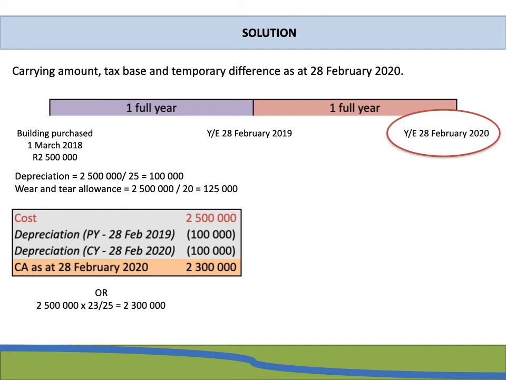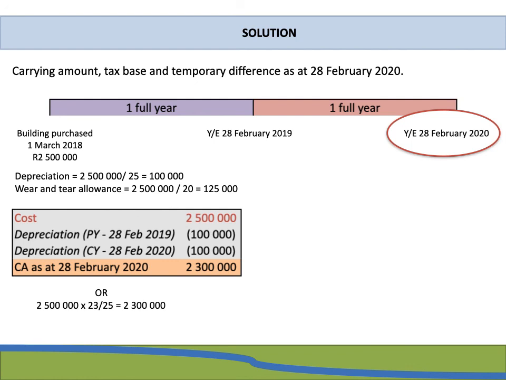That means we're still going to depreciate this asset for another 23 years because we're going to depreciate this asset over a period of 25 years. 2 years have already passed, leaving us with 23 years. Okay, so then we'll say 2.5 million Rand multiplied by 23, and then we divide it by 25, and that would give you the carrying amount at year end 28 February 2020 of 2.3 million Rand.